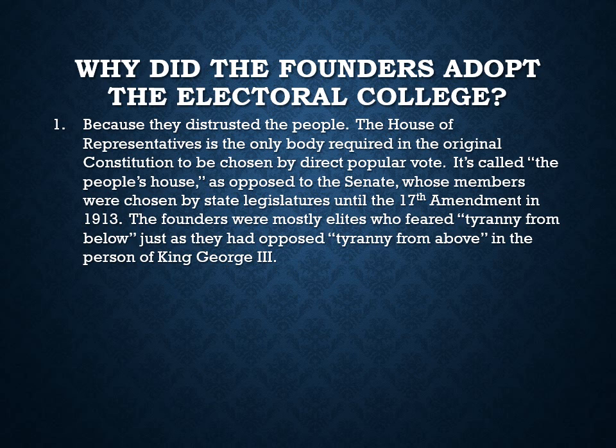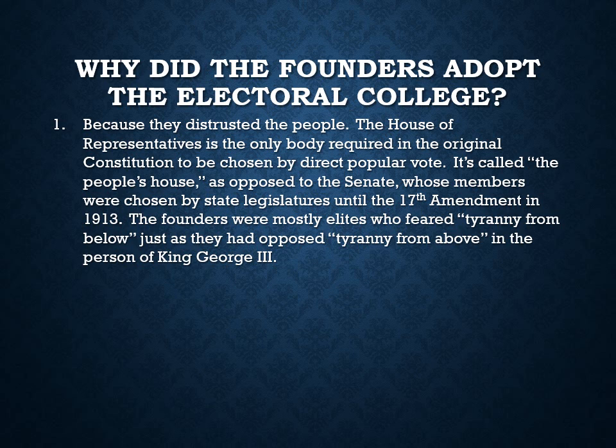And the thinking behind this is that the founders of the Constitution were mostly elites, highly educated, prosperous, and they were afraid of two things. They had fought a war to oppose tyranny or dictatorship from above in the person of George III, but they also were afraid of what they saw as tyranny from below, mob rule.